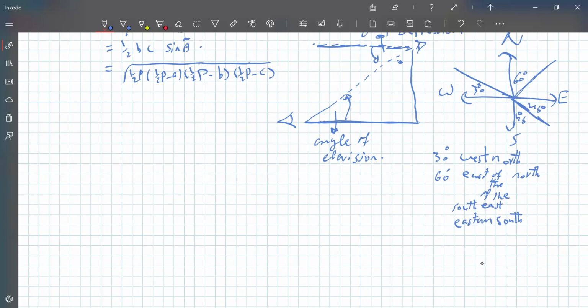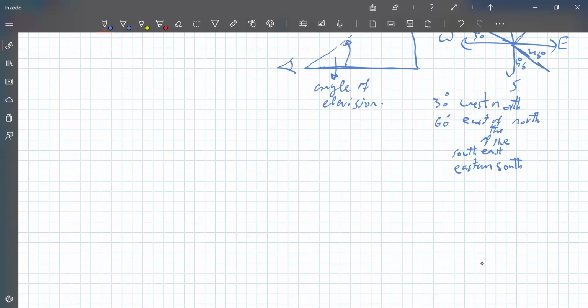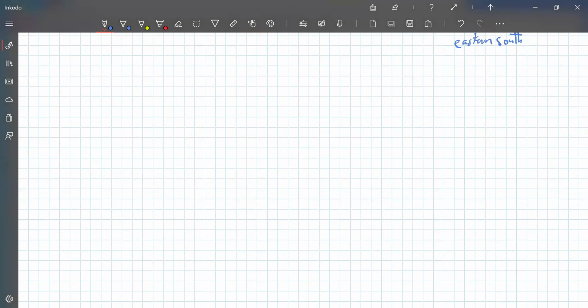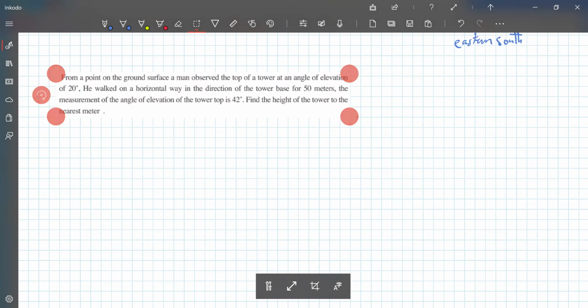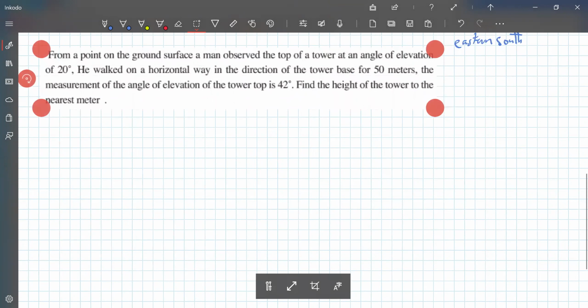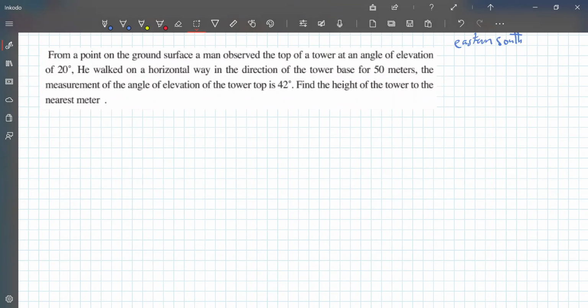Okay. Now we are going to solve some applications about the sine and cosine rules. The first one. From a point on the ground surface, a man observed the top of a tower at an angle of elevation of 20.